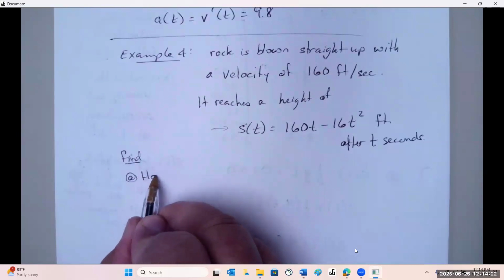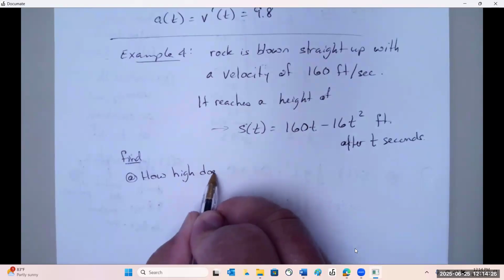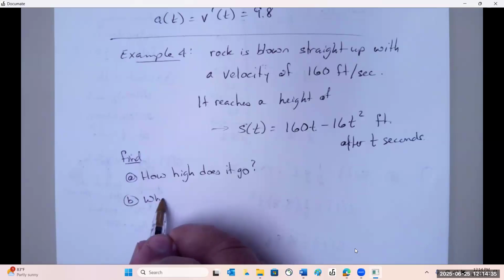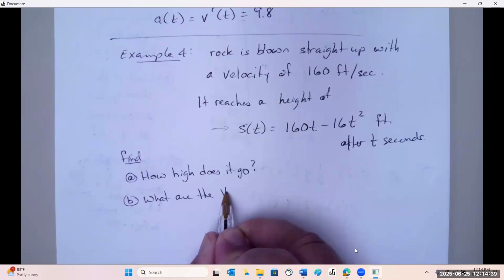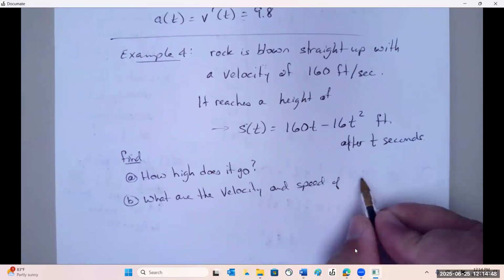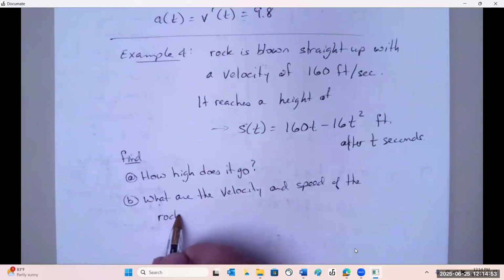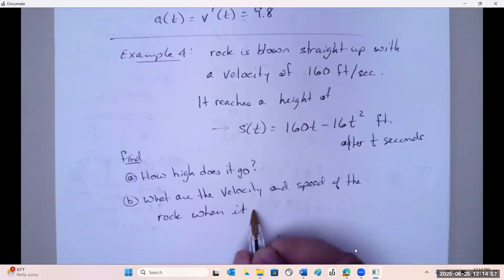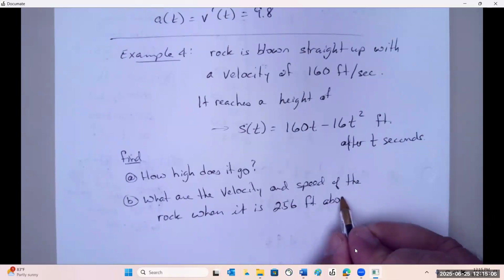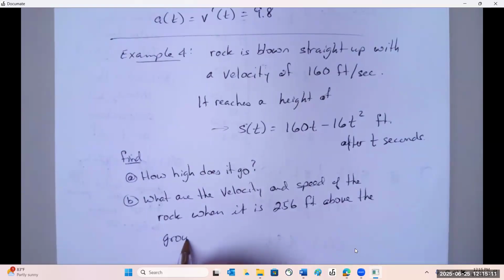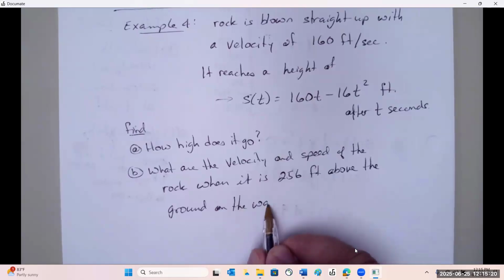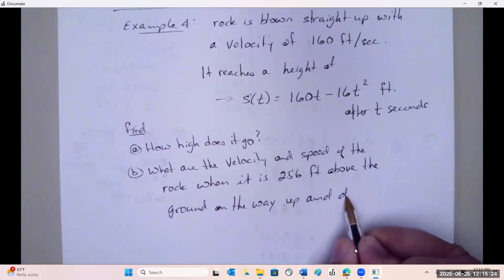Find A. How high does it go? What are the velocity and speed of the rock when it is 256 feet above the ground, on the way up and down?